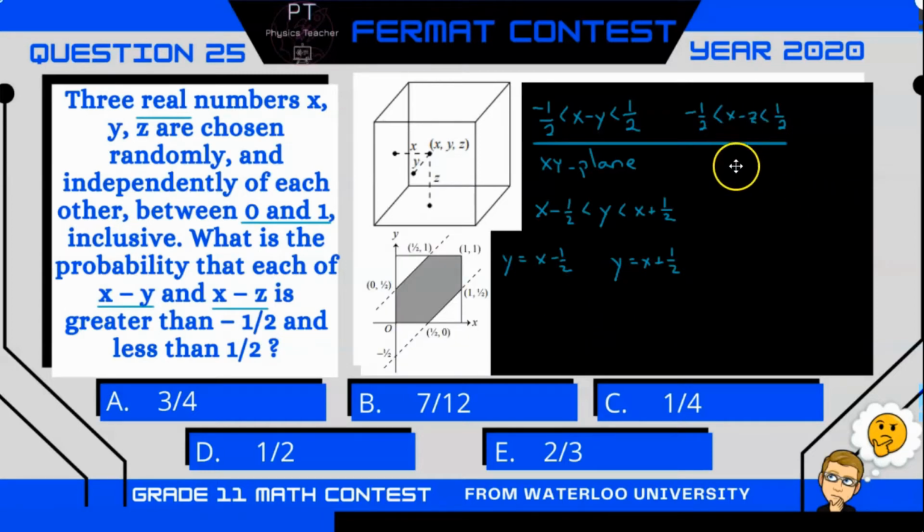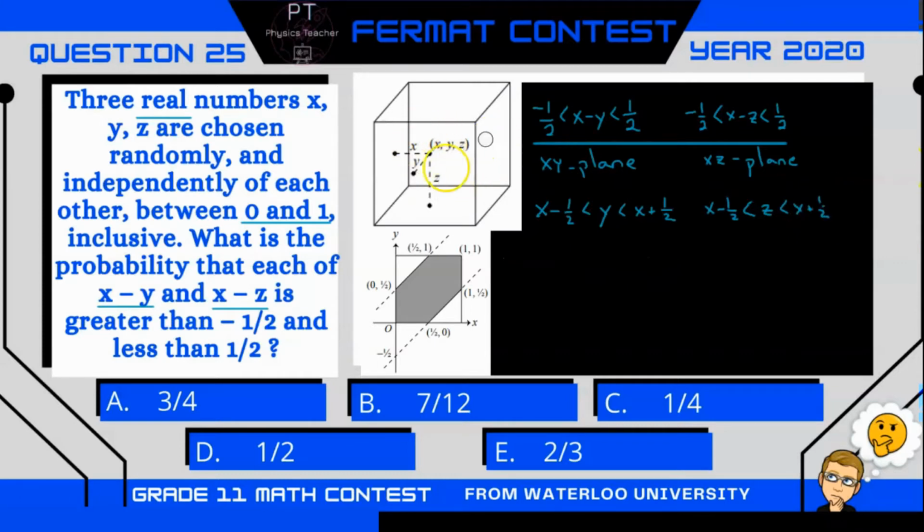Now similarly, we can look at the xz plane for this second condition. And I can do the same thing to the domain to shift it to be x minus 1/2 must be less than z, which must be less than x plus 1/2.